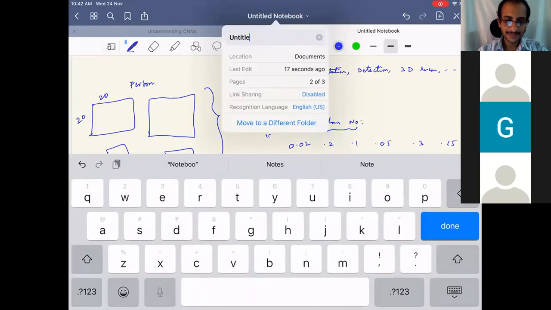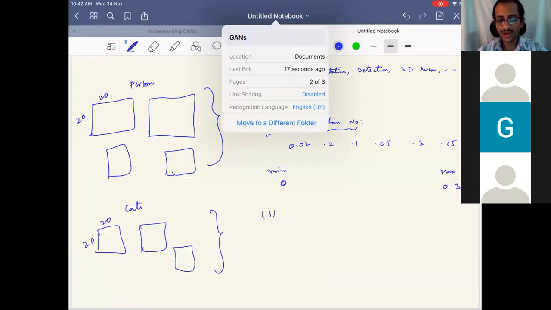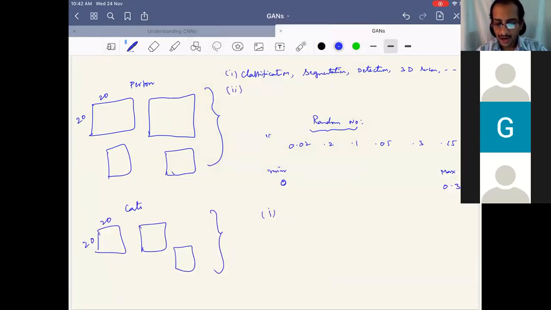It's a uniform distribution. Yes, these might have come from a uniform distribution. If I consider each is x, then these random numbers might have come from a uniform distribution in the range 0 to 0.3.